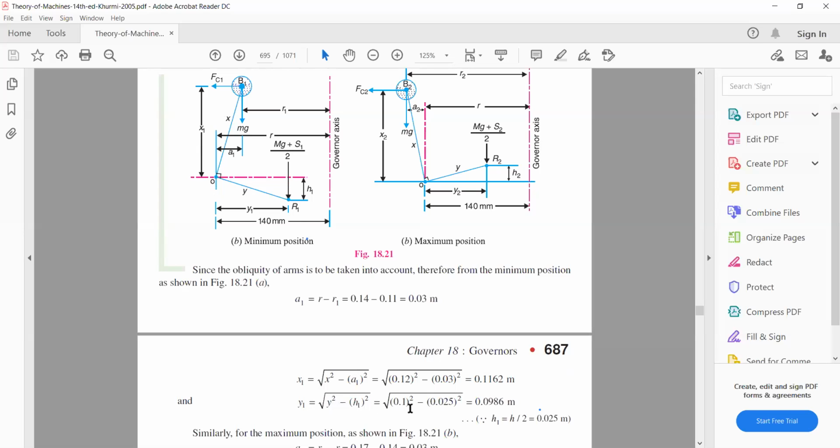So y is 0.1 squared, minus h1, which is 0.025 squared. Calculating this term, we get 0.0986 meters. Here, h1 equals h by 2.